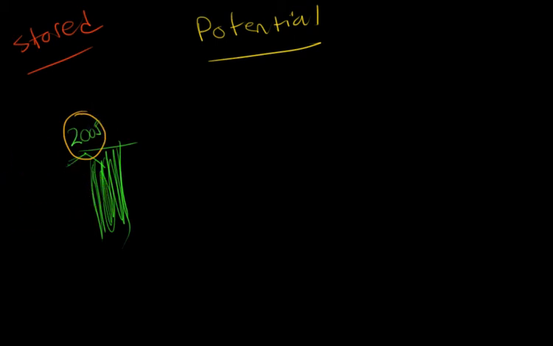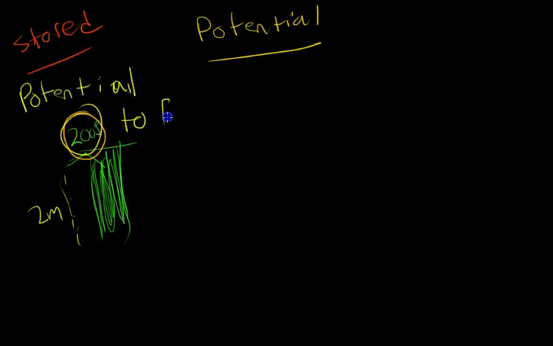And it's actually raised a distance of 2 meters, okay? So this has potential energy because it has the potential to do work. Potential to fall, really. Has the potential to start moving.